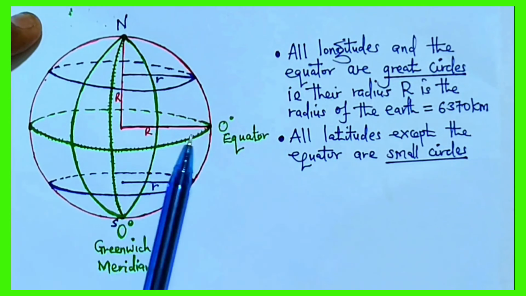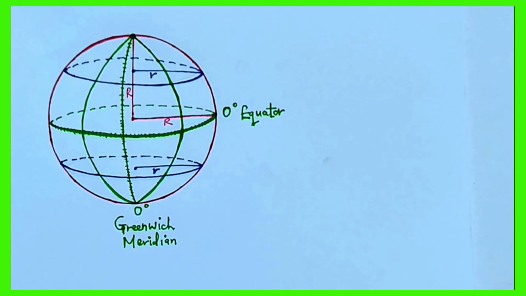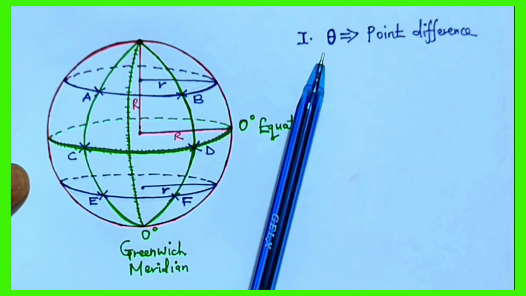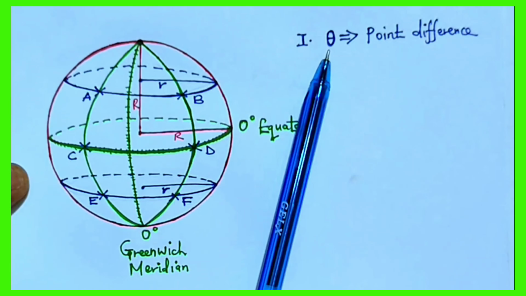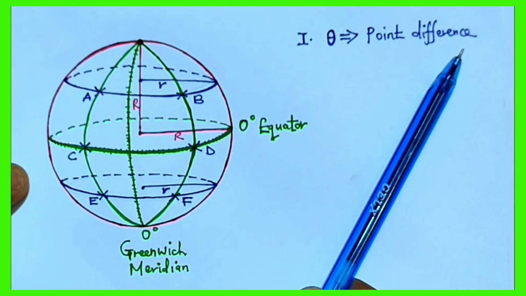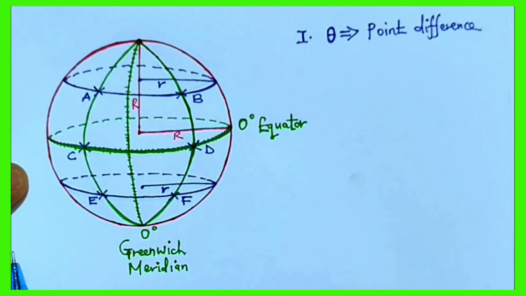And how do we find the radius of a small circle? Let's consider the following. First of all, let's consider 2 angles that are very important when finding distances along the Earth's surface. The first angle, we will assign it theta. So theta will represent the point difference. That means the difference in degrees from one point to another along the Earth's surface.